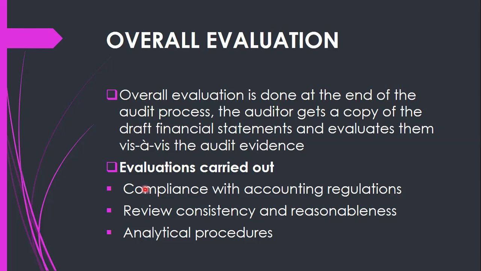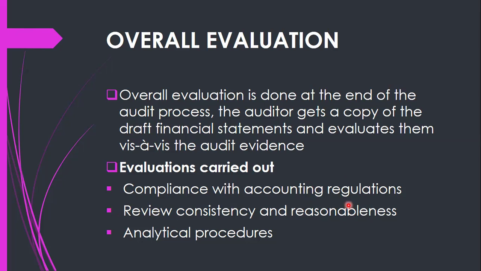So the auditor needs to check compliance with the accounting regulations. Is the company complying with the necessary rules and regulations? And two, the auditor needs to review consistency and reasonableness. So the auditor needs to review the consistency between their knowledge of the entity's business and the financial statements.